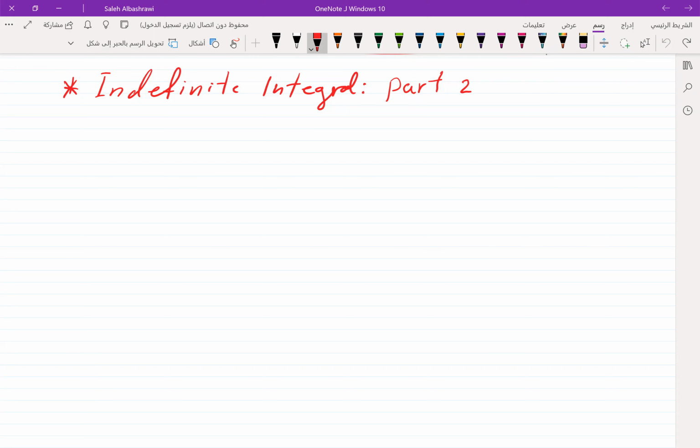Still we are in this topic, which is the indefinite integral. And we say that the integration is the reverse process of the derivative. In differentiation, we are finding the derivative of a function: given f, we find f'(x), which is the derivative of the given function.